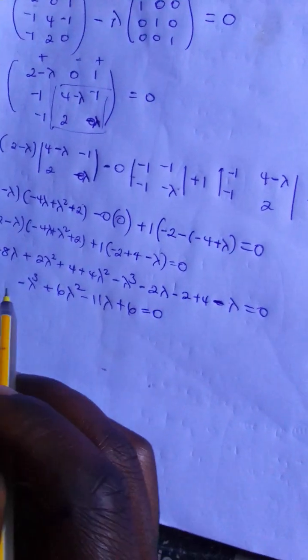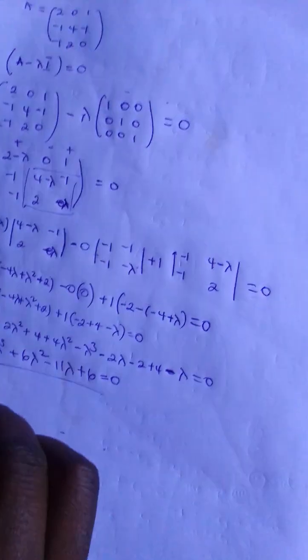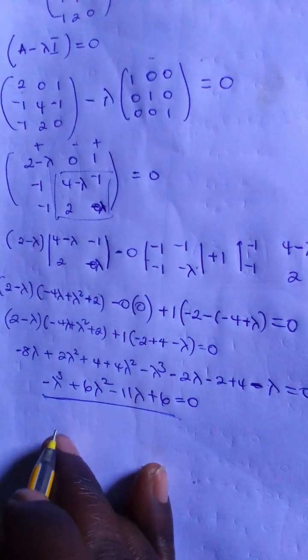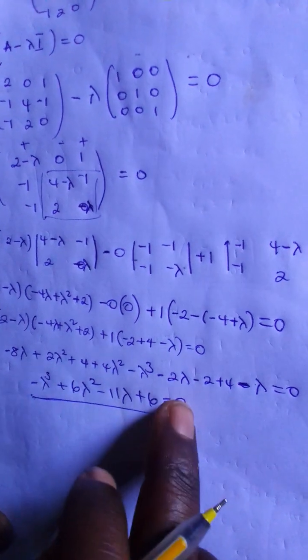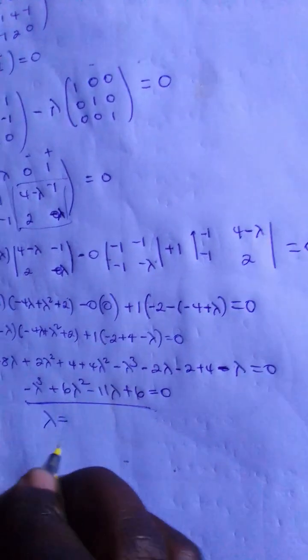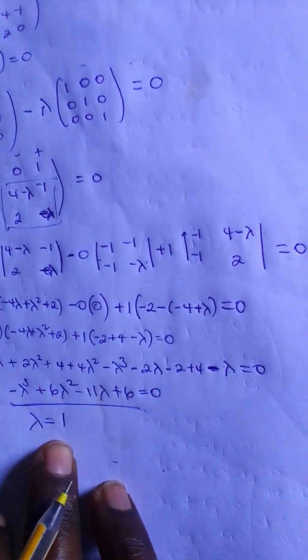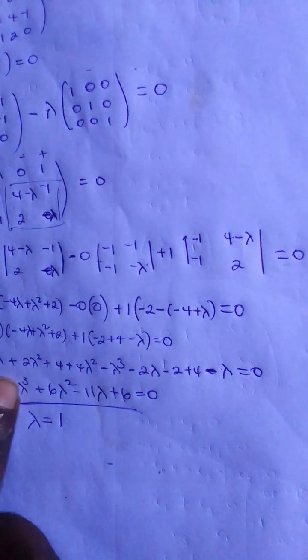When we multiply the brackets, then we shall have to come up with the equation, this one. From here, we shall have to assume values of lambda, whereby when we put lambda into this equation, we get 0. Whereby we can assume, let lambda equal, let's say 1. So when we put 1 in this equation, we shall have to get a 0. Because here it is lambda, which is equal to 1.